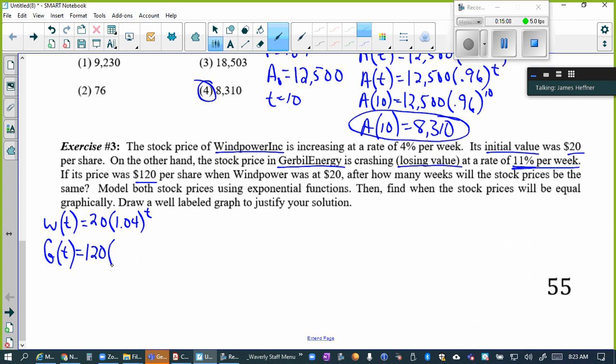What is 1 minus 0.11? 0.89. 0.89 to the T. So is 0.89 between 0 and 1? Yeah, so clearly it's got to be decay, and the other one is greater than 1, so clearly it has to be growth, okay?